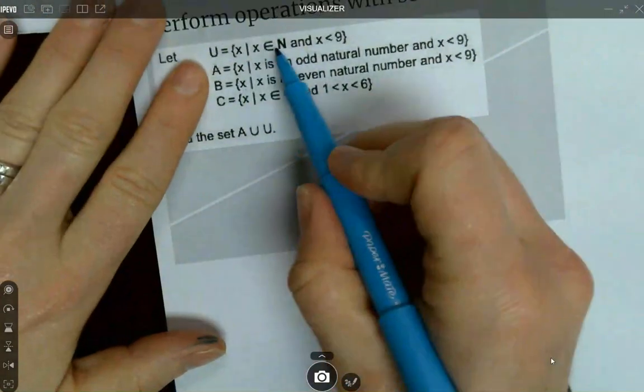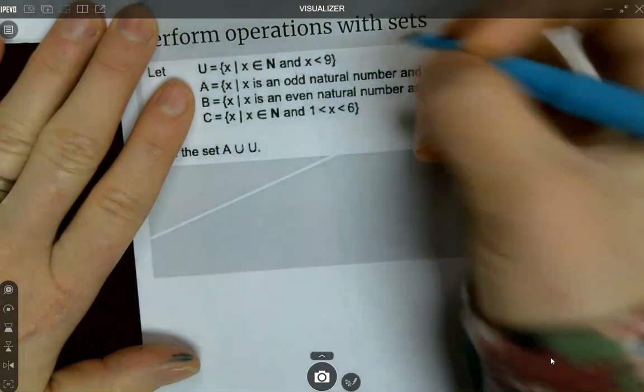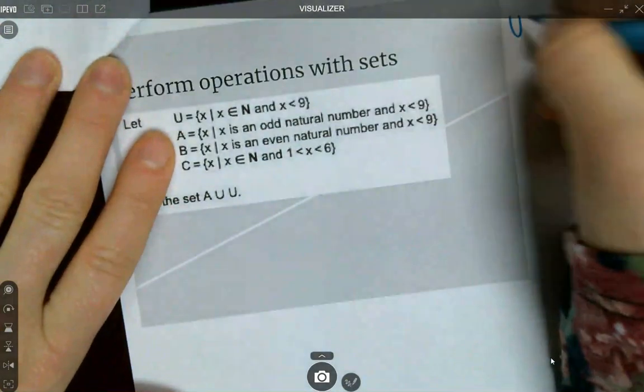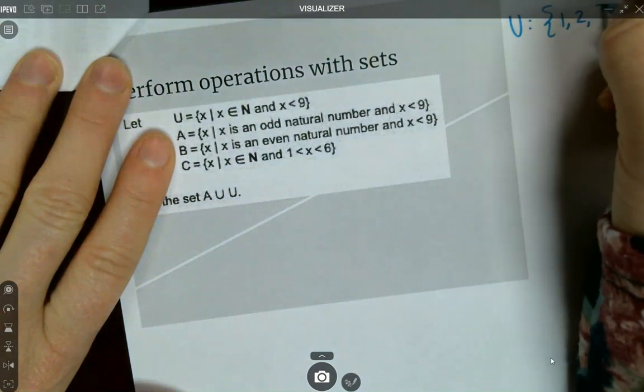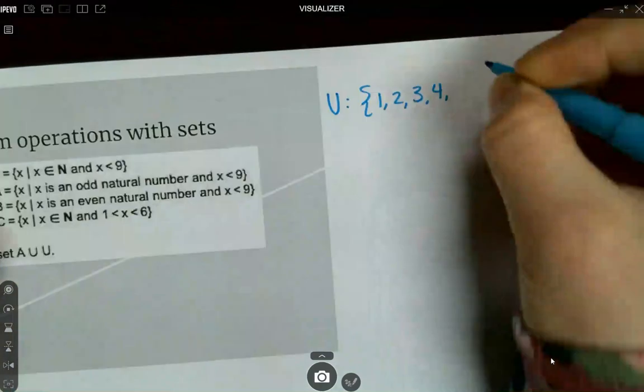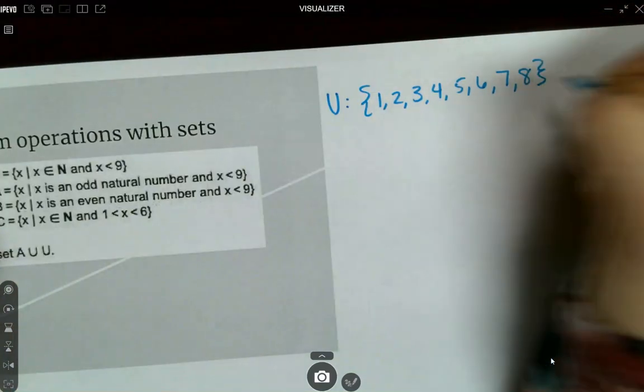Let X be all the natural numbers that are less than 9. So the universal set is going to be 1, 2, 3, 4, 5, 6, 7, and 8.